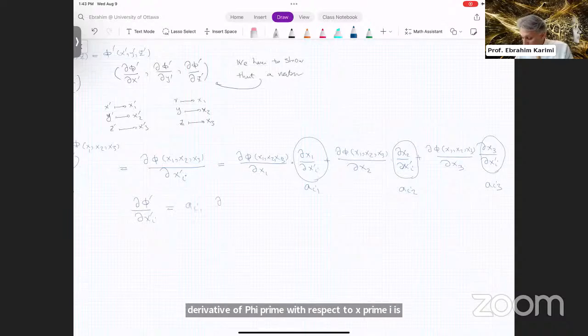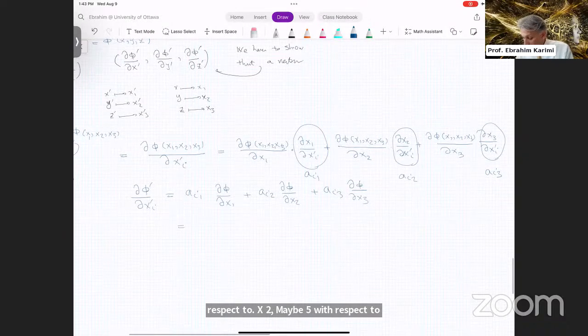A i1 times the derivative of phi, remember, not prime here, with respect to x1, plus A i2 times the derivative of phi with respect to x2, plus A i3 times the derivative of phi with respect to x3, which I can write in compact form as a summation of A ij times the derivative of phi with respect to xj. The summation is over j.